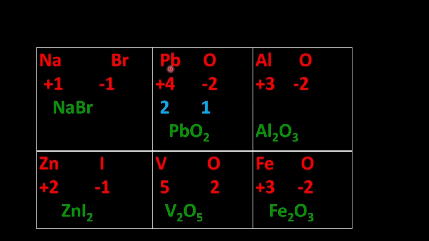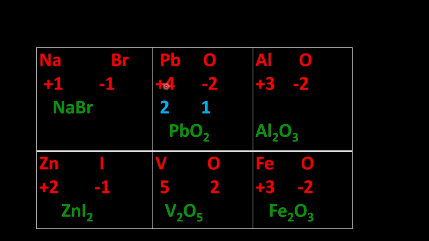Now when you take the second one, the name was lead 4 oxide. We know oxygen has a charge of -2, which is indicated here. What about lead? Because we have 4, instead of using the normal charge that we know, we pick the 4 which is inserted in the bracket.